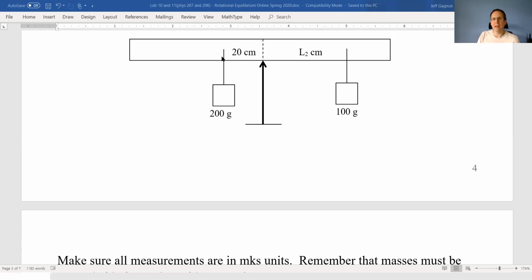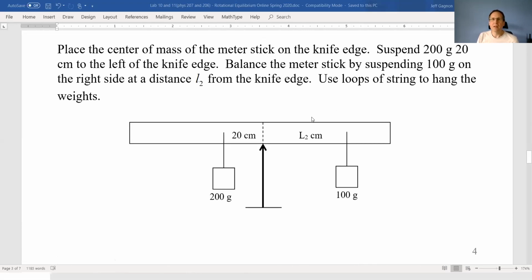So I'd have to hang this mass here at 30.1. And then I'm hanging 100 grams on the other side, on the right-hand side, at some location such that this meter stick is in rotational equilibrium. So it's not rotating anymore. It's completely balanced. So the goal is to figure out what this distance is.